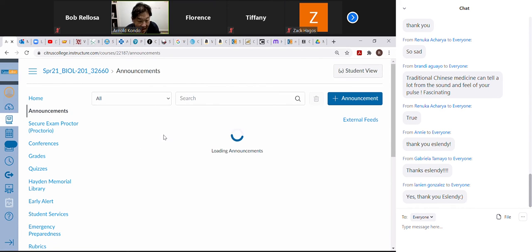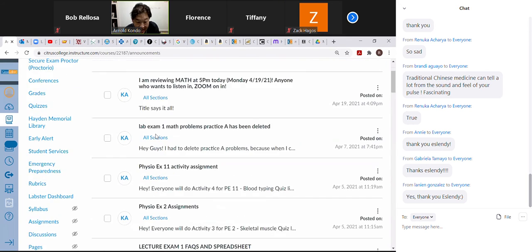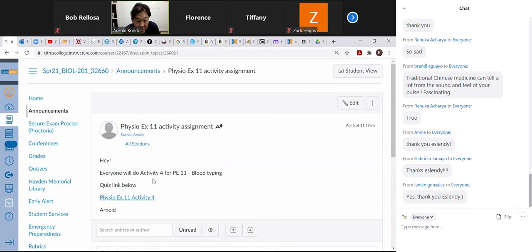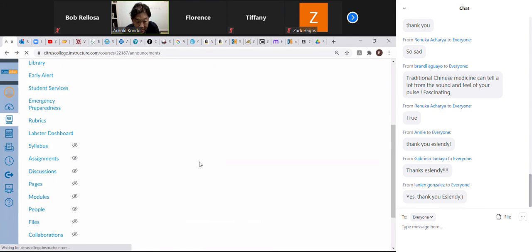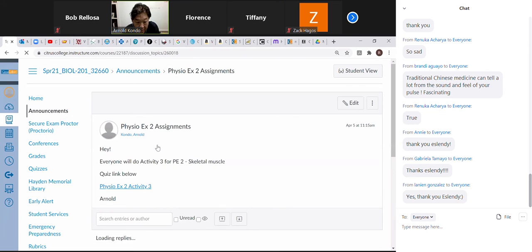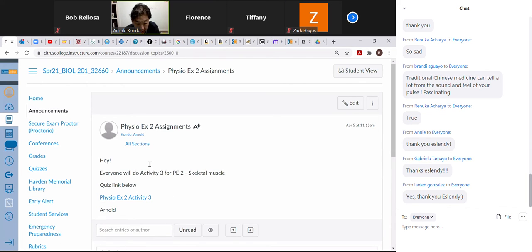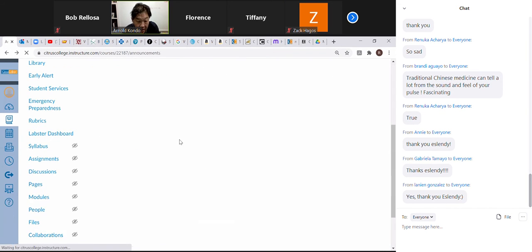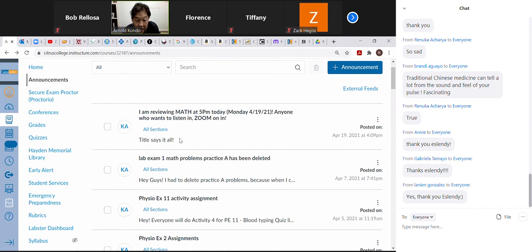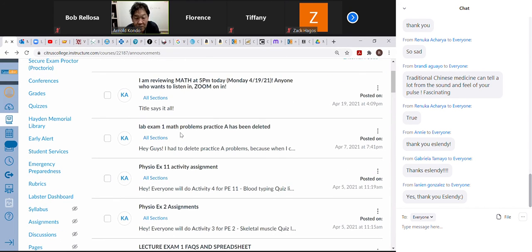So since I have it right here, for PhysioEx 11, everybody's doing just activity 4 because that's the most important one there. The other ones are not as important. And for PhysioEx 2, everybody's just doing activity 3. I have not assigned 5 or 6 yet because we just started it today.